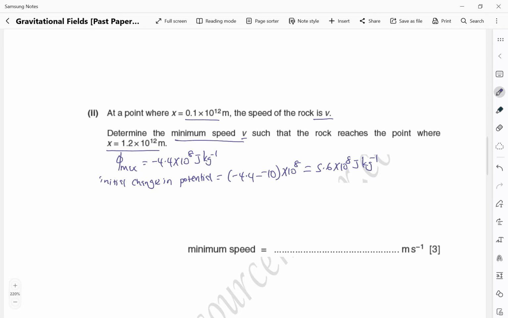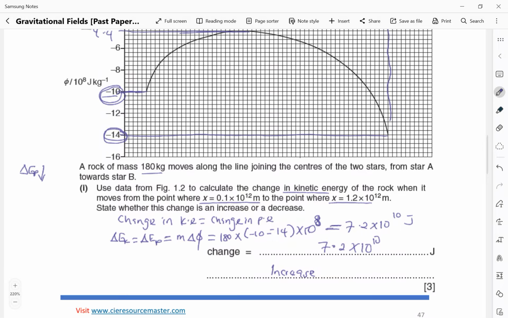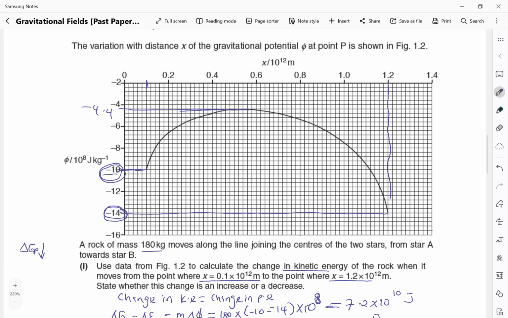So to reach its maximum, because the potential increases, the kinetic energy first decreases up to this point here, and then the kinetic energy increases.